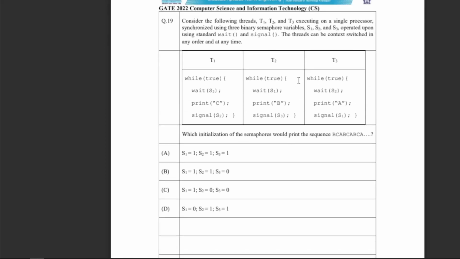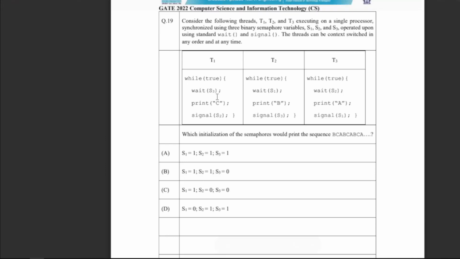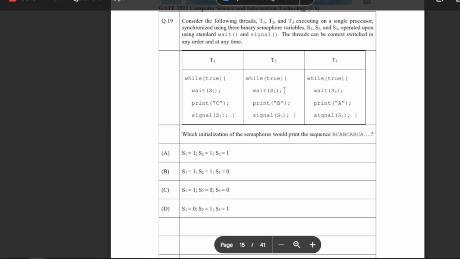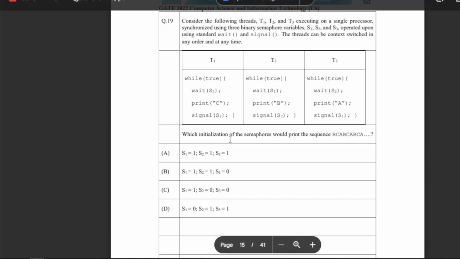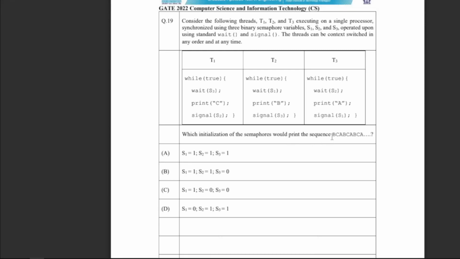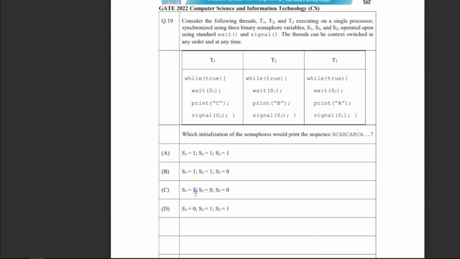What will be the answer for 19? The answer is C, that is S1 will be 1, S2 will be 0, and S3 will be 0, because that initialization of the semaphores would print the sequence. So first it will go with 1, then 0, then 0.